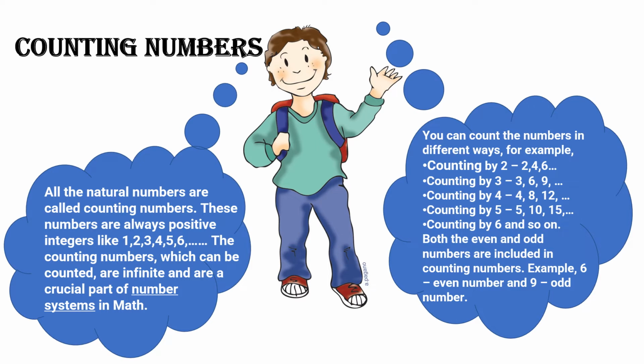Counting by fives. 5, 10, 15. We are adding 5. So 20, 25, 30, and so on. Both the even and odd numbers are included in counting numbers. For example, 6 is an even number and 9 is an odd number.